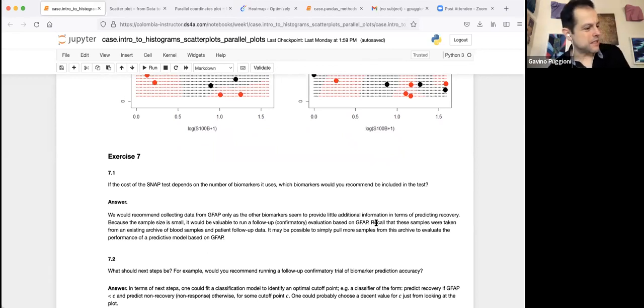Now, more data would be desirable, but the first question would be, is the information that GFAP is providing statistically significant? Can we do, let's say, a logistic regression and determine how effective it is? So a classification model could be a good potential next step before providing further recommendation of further confirmatory trials.